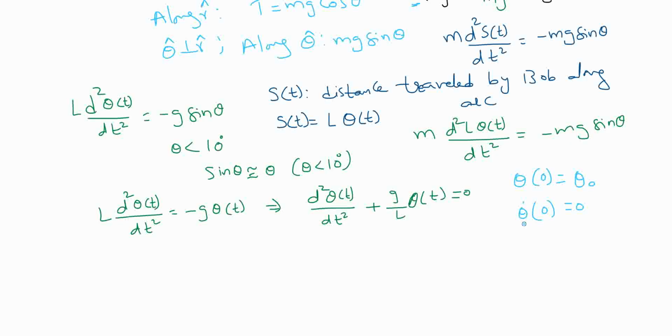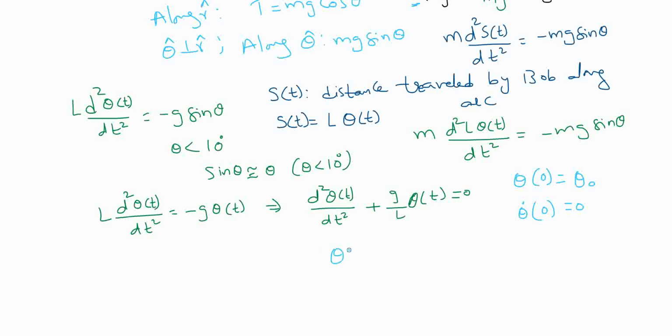Similarly here, the initial velocity will be 0, so the total energy is present in the form of potential energy.